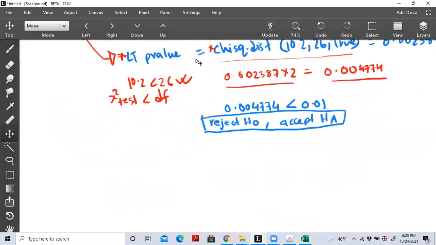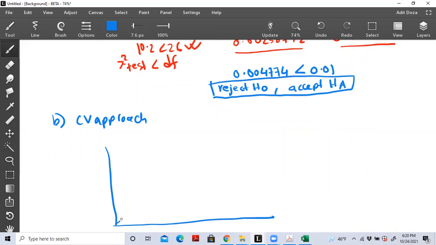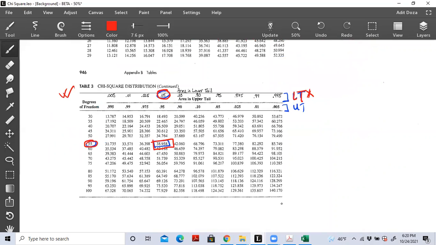But the critical value approach would be the diagram way, right? You need to know how to read the diagram. That's the most important thing for chapter 11, reading the chi-square test statistic. So let's go to our chi-square table.